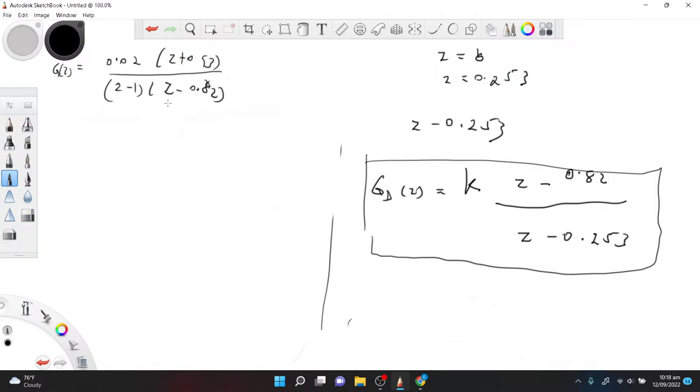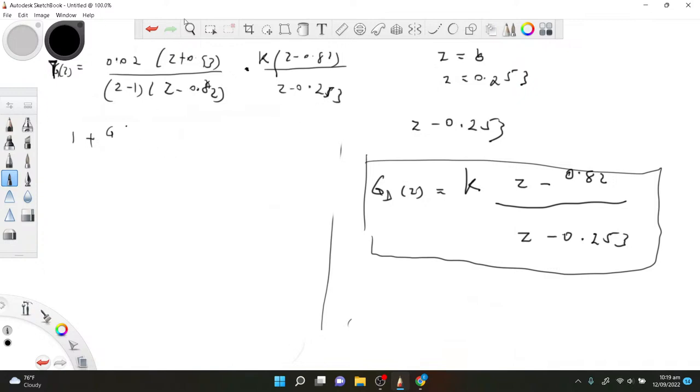Now you use this formula: 1 plus G. We're thinking about the overall transfer function, so let me use T of Z. This times K. Now we had K times Z minus 0.82 over Z minus 0.253.